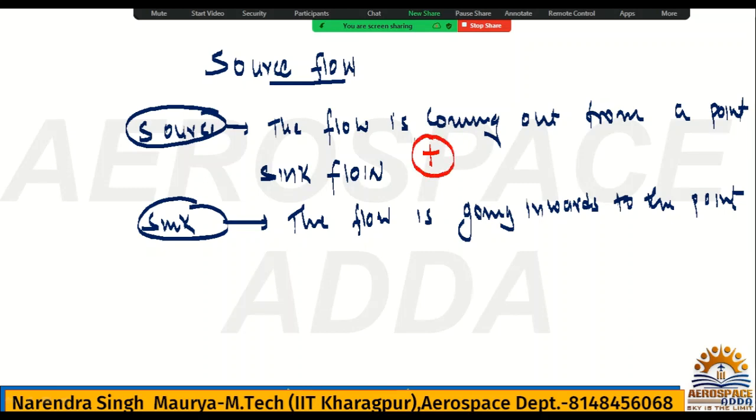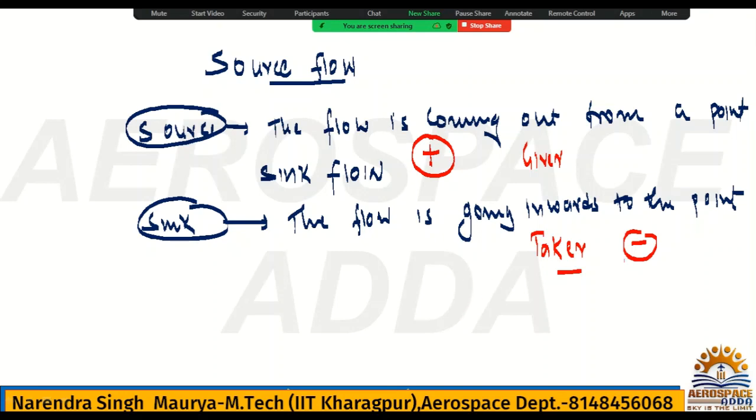So you will say this is positive, and the flow is going inwards. So you can say this is the giver and this is the taker. Taker is always negative. Yes or no?